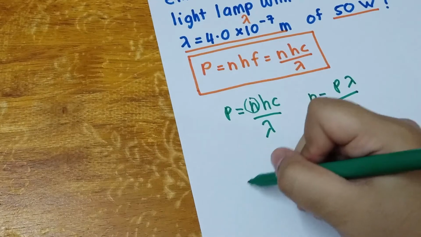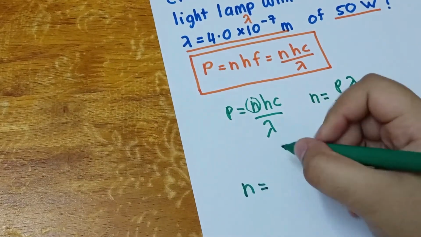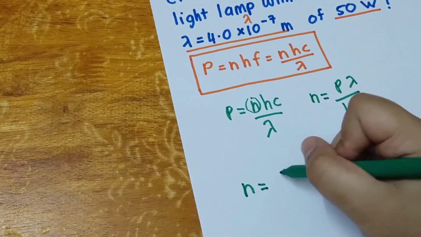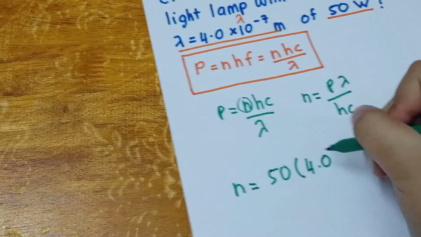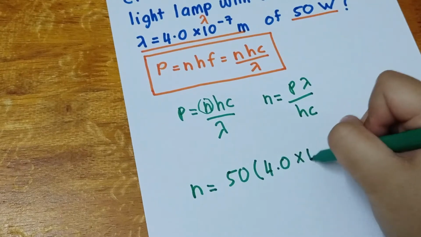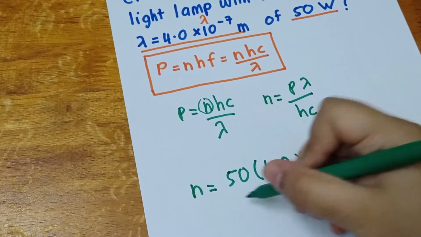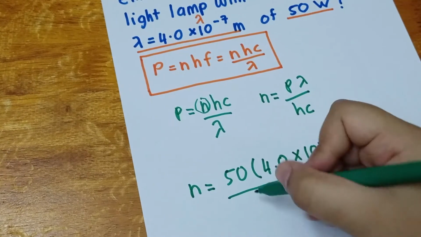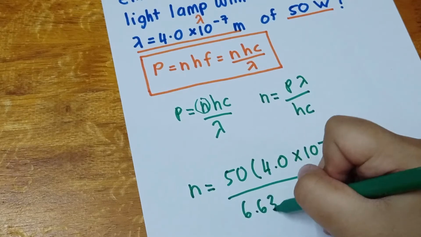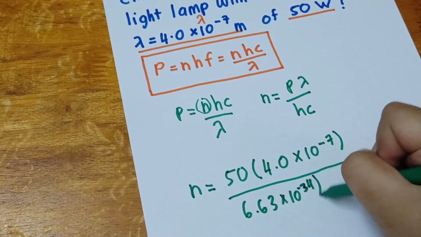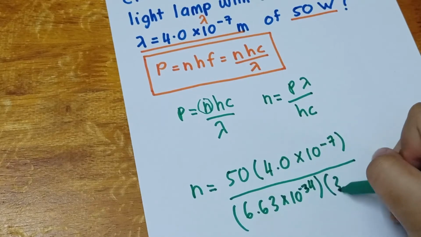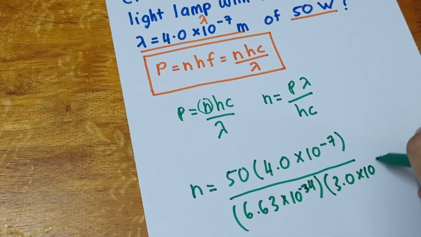So N is equal to power 50, lambda 4.0 exponent of negative 7, the Planck constant 6.63 exponent of negative 34, and the speed of light 3.0 exponent 8.